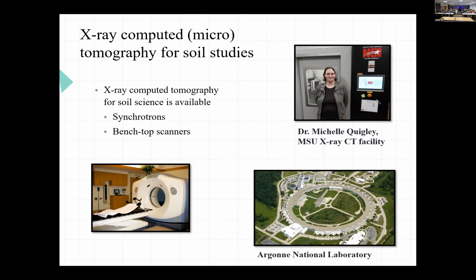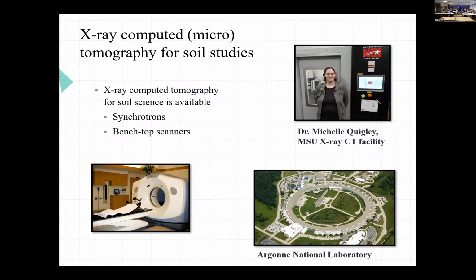In the first applications of X-ray CT in soil sciences, people were using medical scanners, and there are still some soil groups that use those and do quite successful work. But as Tomas was saying, a lot more can be done with synchrotron facilities, where you get a nice monochromatic beam that allows you to get images of very high quality and very high resolution.